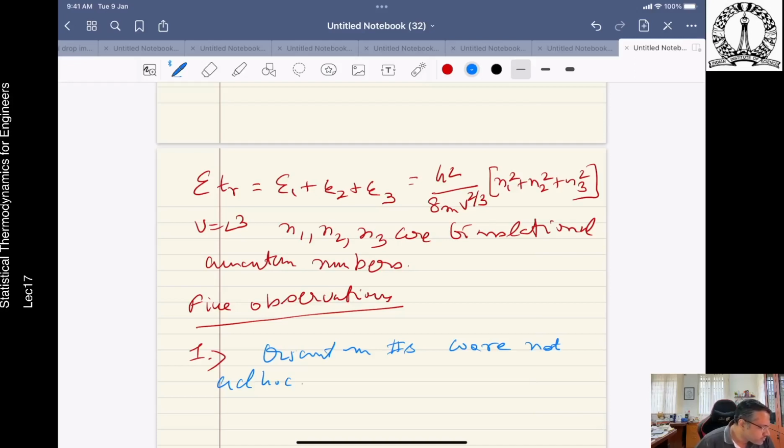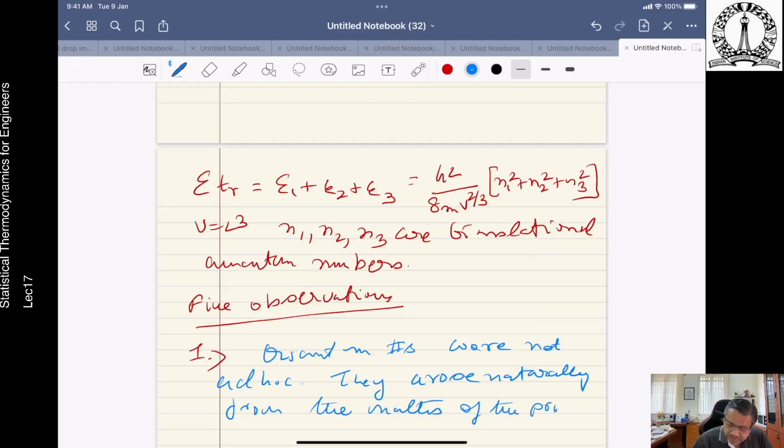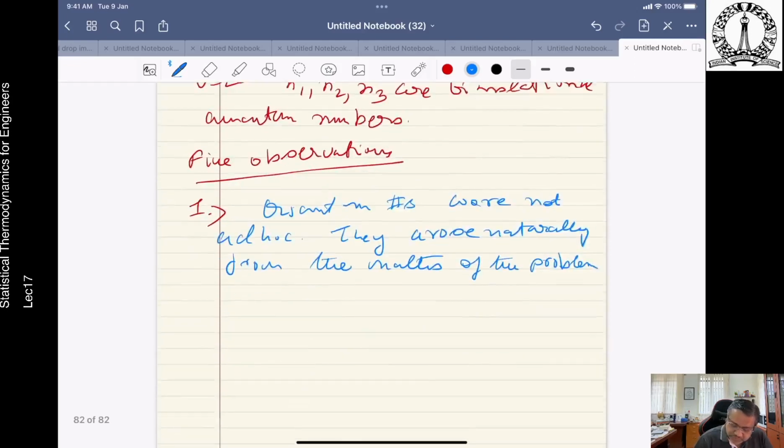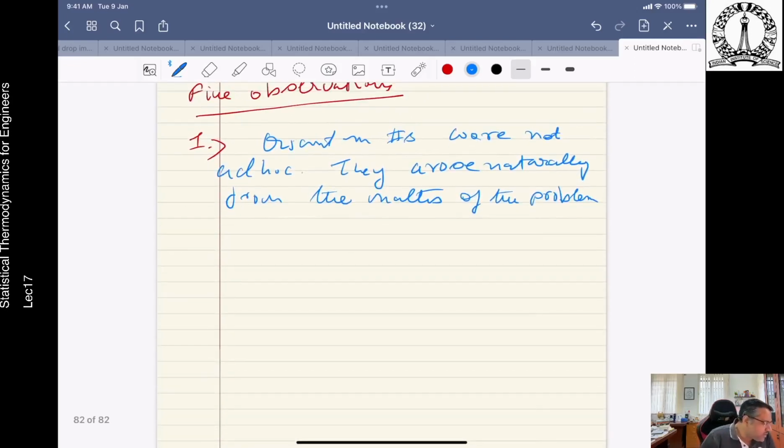They arose naturally from the mathematics of the problem, which is nice. So there is no ad hocism over here.